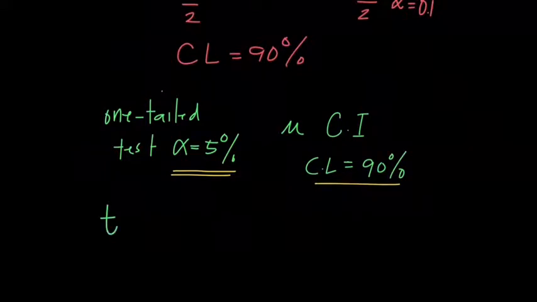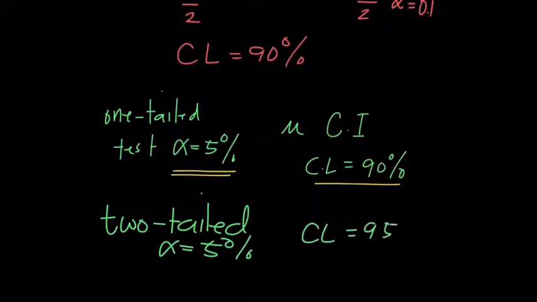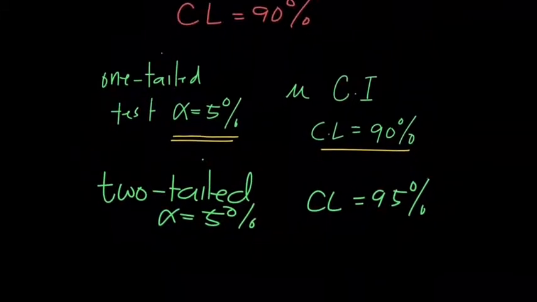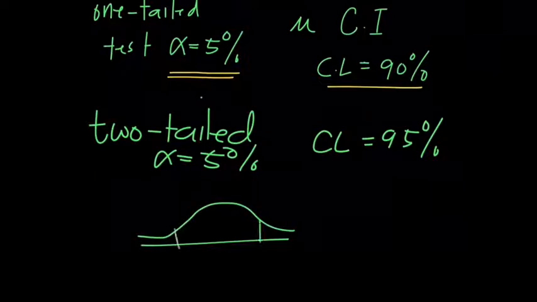In the two-tailed test, if the alpha is 5%, then the confidence level in the confidence interval must be 95%. That is because in the two-tailed test, the 5% was distributed to two sides, having 0.025 on one side and 0.025 on the other side.